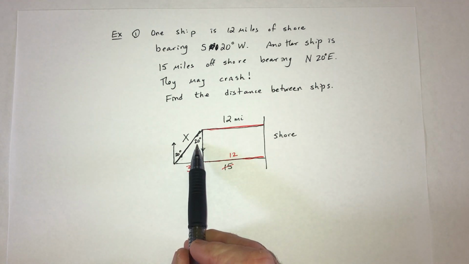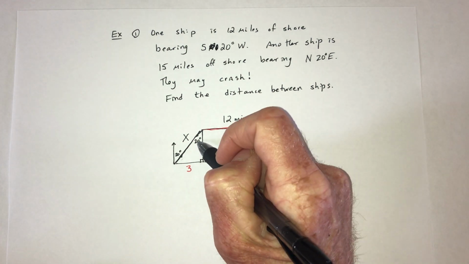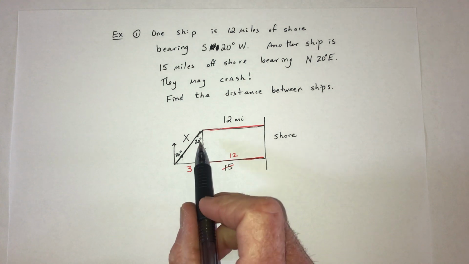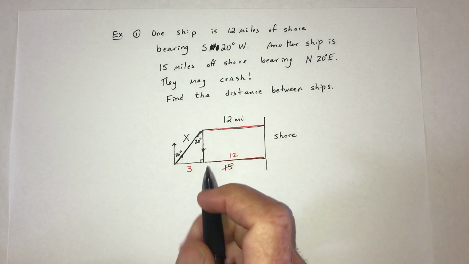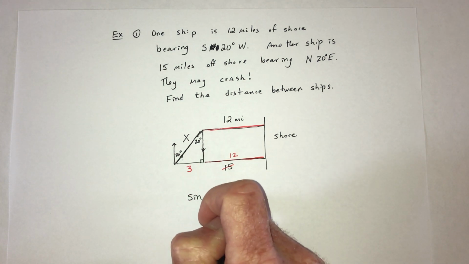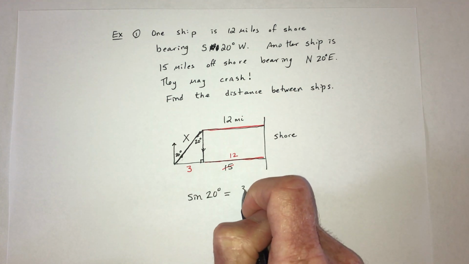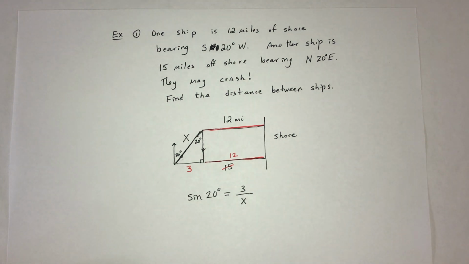Now, using the 20 degrees, go across from it. This would be opposite, and this is the hypotenuse. So sine is opposite over hypotenuse. So it'll be sine of 20 degrees equals the opposite over the hypotenuse.